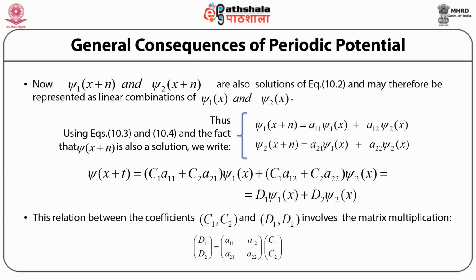This relation between the coefficients C1, C2 and D1, D2 involves matrix multiplication, that is, the 2 cross 1 matrix with first row D1 and second row D2 is equal to the product of the 2 cross 2 matrix with first row elements a11, a12 and second row elements a21, a22 into a 2 cross 1 matrix with elements C1 and C2.